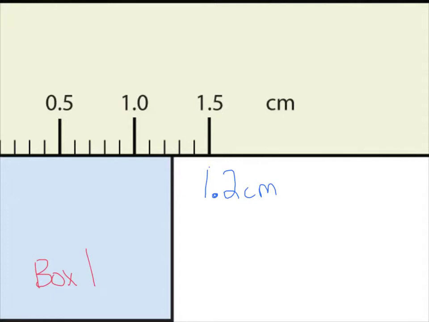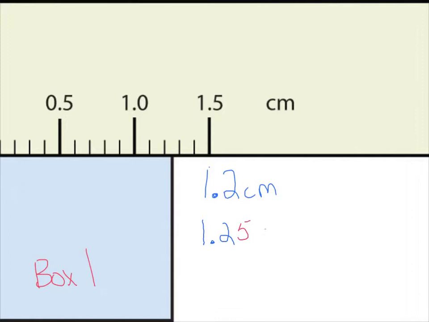It's a pretty good estimate, and since it's a good estimate, we can use it in our calculations. Now, once again, I'm going to use my blue ink for our certain numbers. So we know with certainty that our box is 1.2 centimeters. I'm going to use red to represent our uncertain digit, which is our 5, which represents halfway between the 1.2 and 1.3.